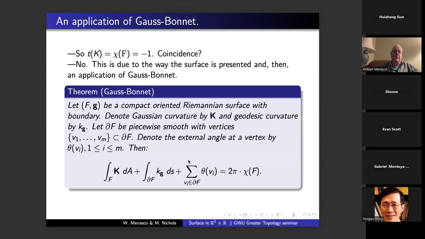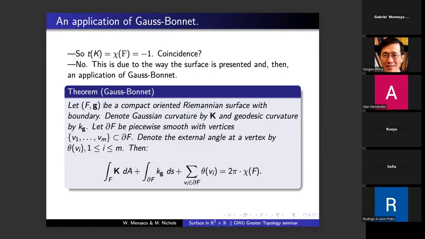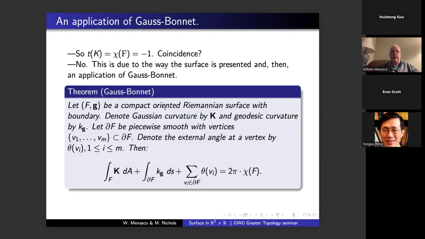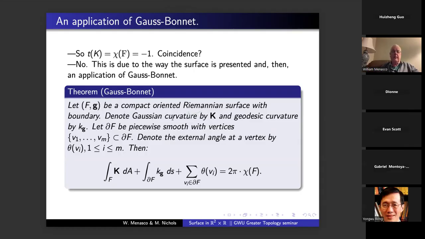So you take a surface that's a Riemannian surface, so it's got a metric on it, and I want it compact and oriented, and with boundary. And you denote the Gaussian curvature of that surface by bold K, and the geodesic curvature associated with the metric by little k sub g.